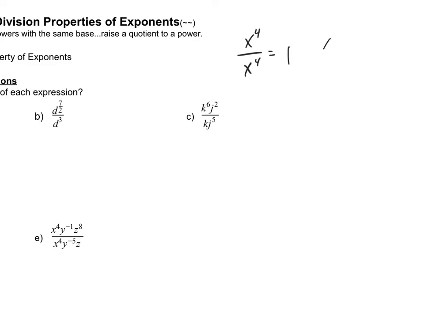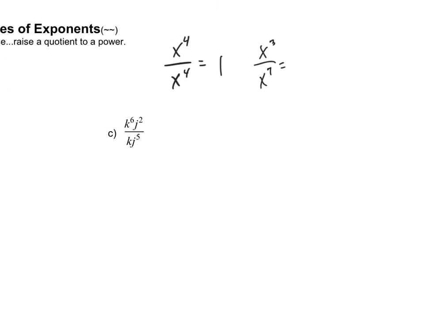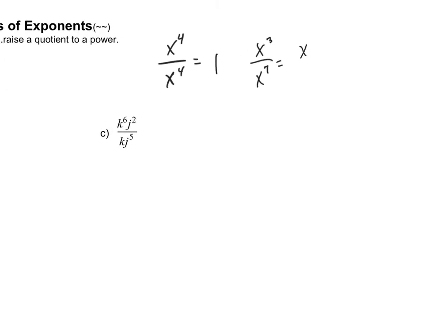How about if we take x to the third divided by x to the seventh? If we write that out in expanded form, we would have x times x times x over x times itself 7 times. We have x times itself 3 times in the numerator and 7 times in the denominator.